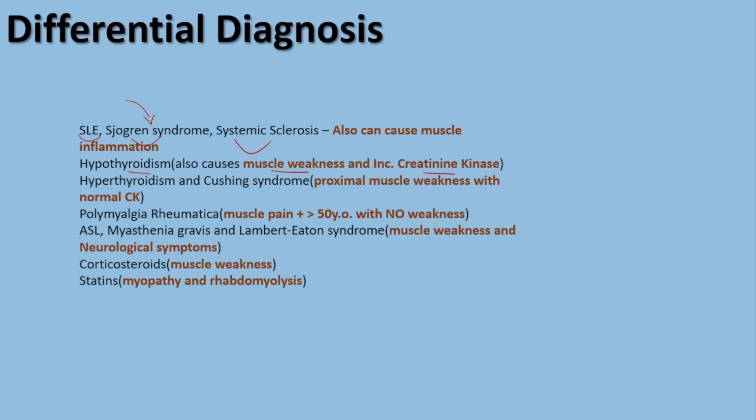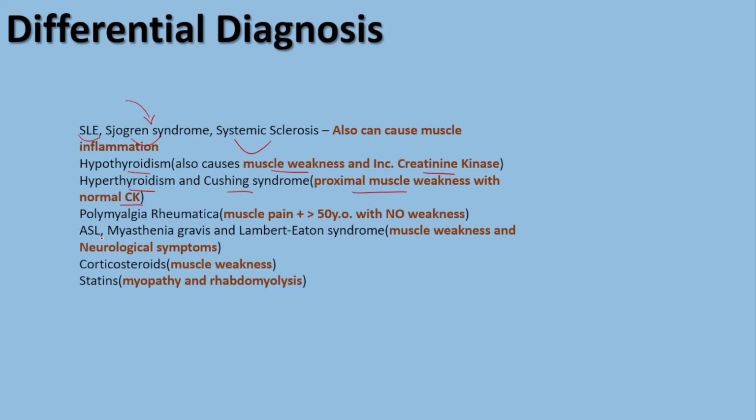So TSH and T4 are actually indicated for diagnosis of hypothyroidism and making the differential diagnosis from polymyositis and dermatomyositis. So another differential is hyperthyroidism and Cushing syndrome, because these two diseases also give proximal muscle weakness. But in case of hyperthyroidism and Cushing syndrome, the creatine kinase level is going to be normal.